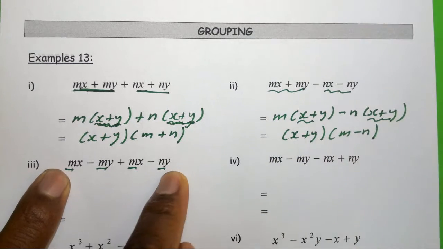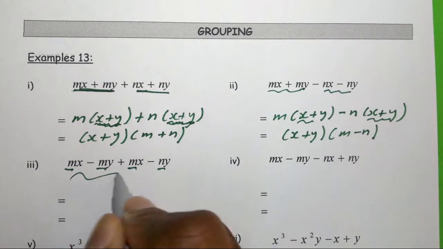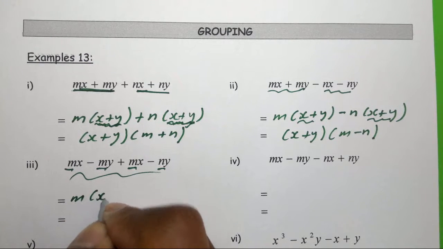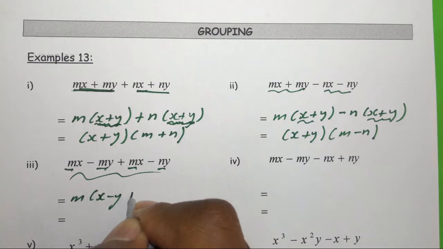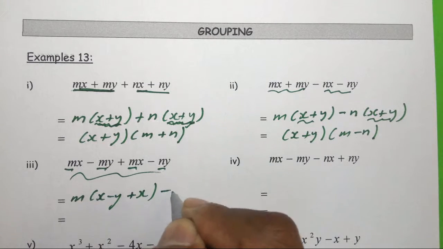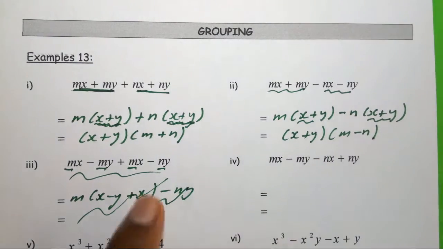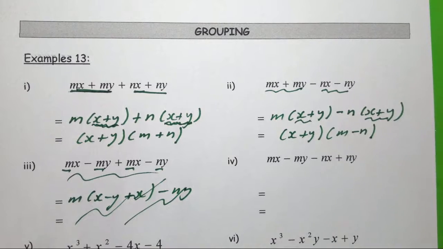I don't think we can factorize it further. If I pull m, I have x minus y plus x, minus ny. We cannot factorize that further. So you just copy exactly the same thing. We cannot factorize that.